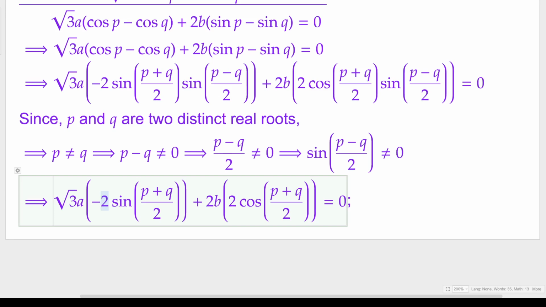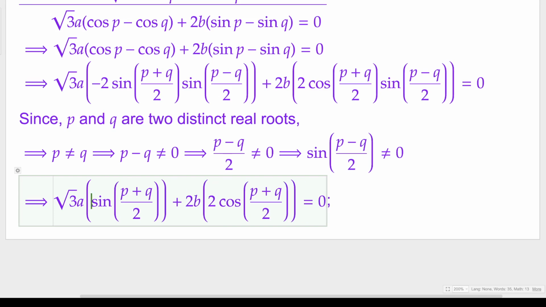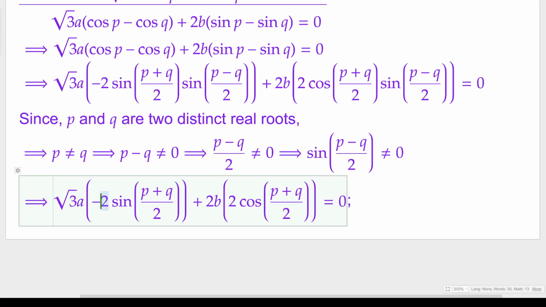So let's eliminate this. We can eliminate the 2 as well. We can just take this 2 and divide on both sides. That is totally fine. Now I'll make my final substitutions, that is p plus q over 2.